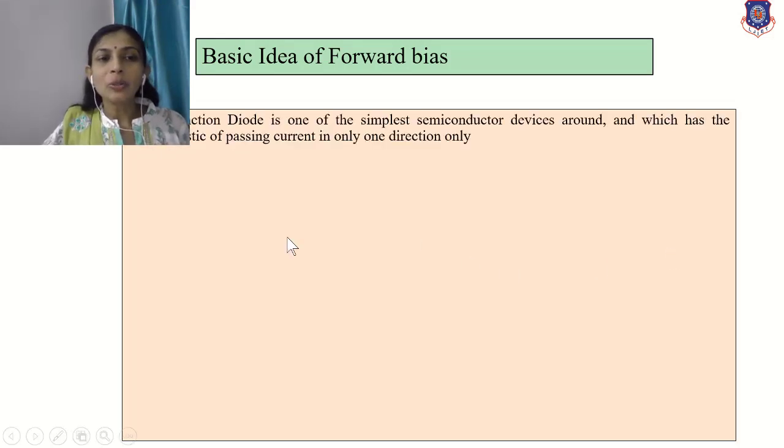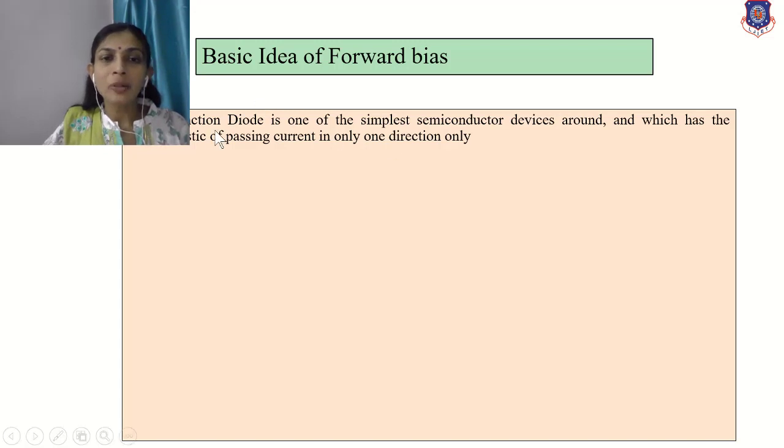So the p-n junction diode is one of the simplest semiconductor devices around, which has the characteristic of passing current in only one direction. That is the most important point.